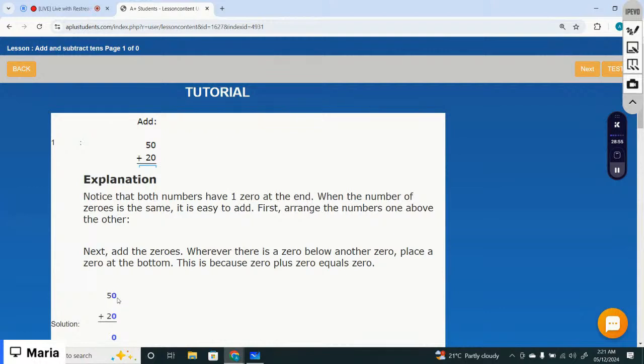Add 50 plus 20. Both the numbers have exactly 1 zero, right?